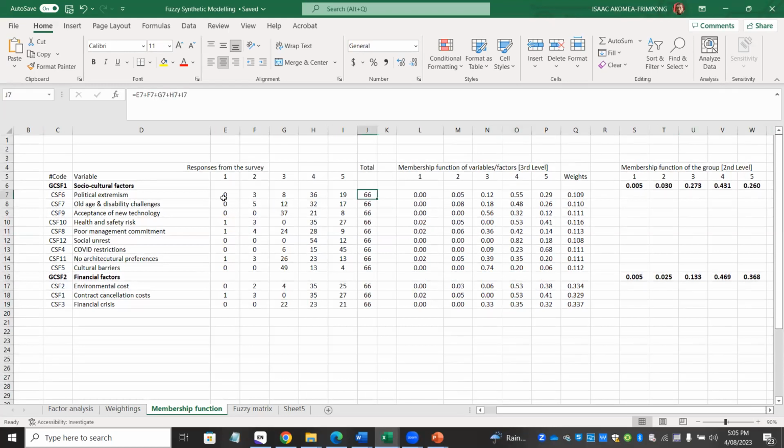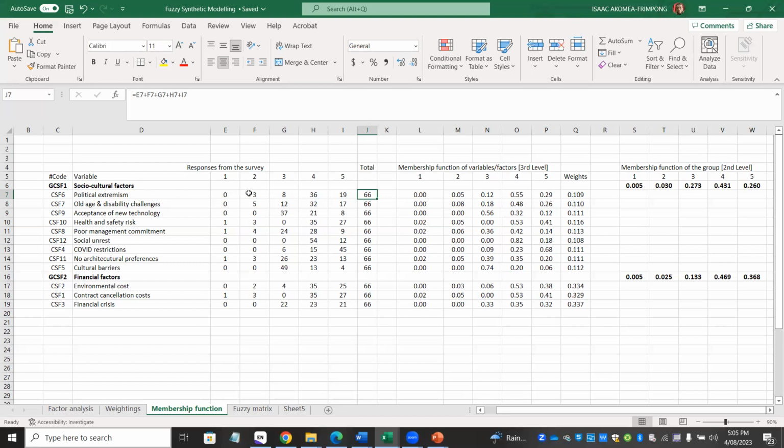Out of that survey, if you take political extremism, those who rated 1: no one ticked 1 for political extremism. 3 people ticked 2, 8 people ticked 3, 36 people ticked 4, and 19 people ticked 5 for political extremism.